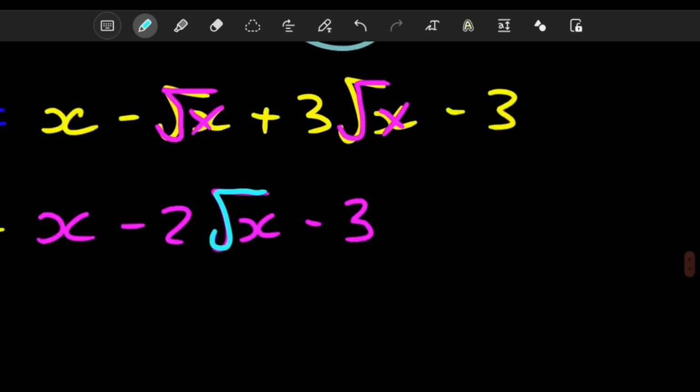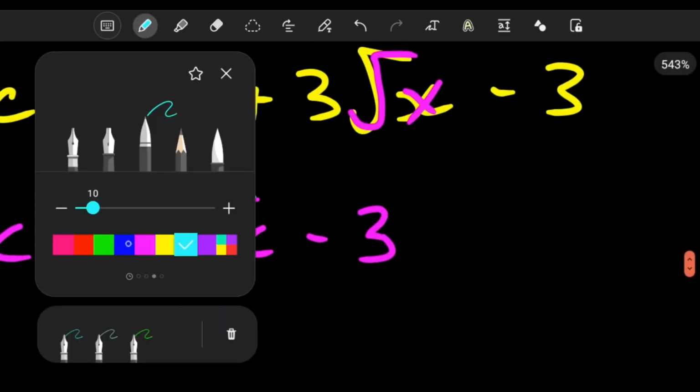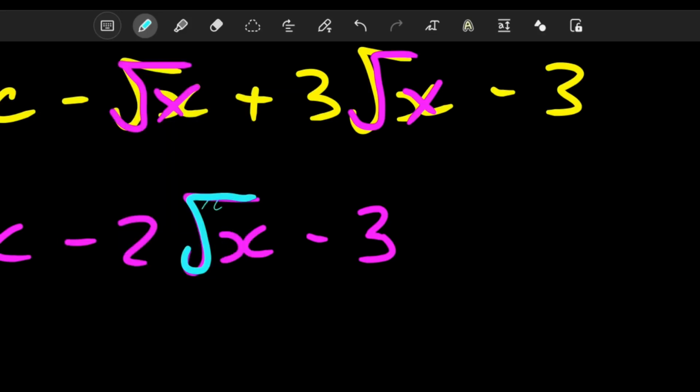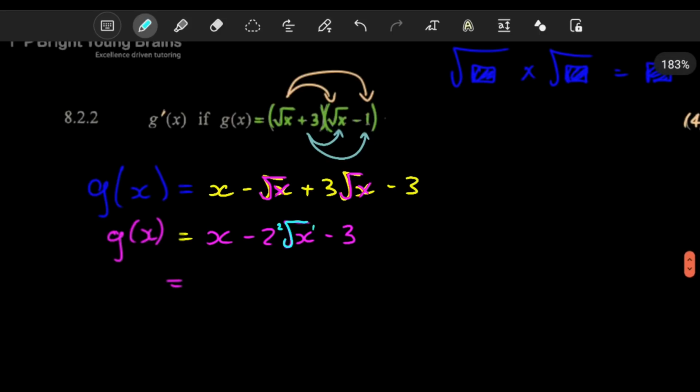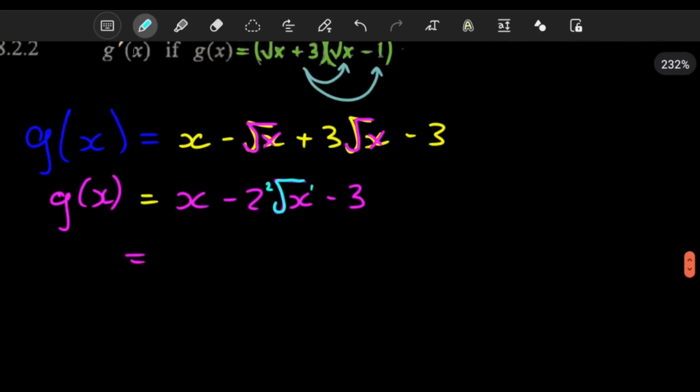You have to remember, if there's no number here, the number there is like a tiny 2. If there's no number here, the number there is like a tiny 1. So to get rid of the square root symbol, all that happens is that the tiny 2 goes under the 1 there, like that. Now you can differentiate using the power rule.